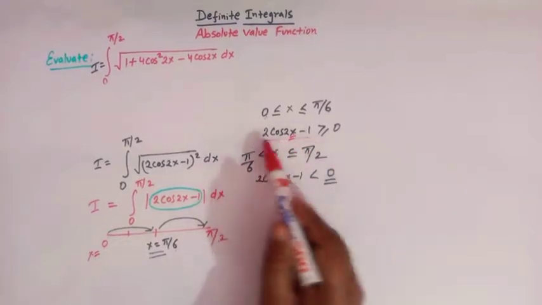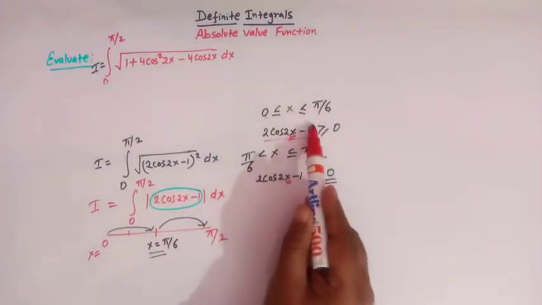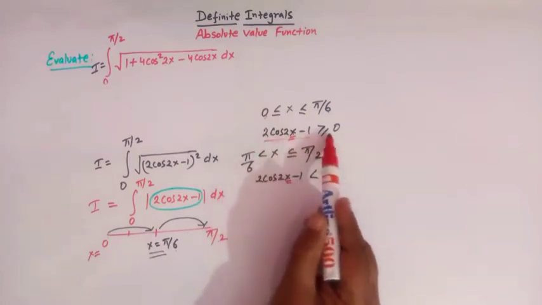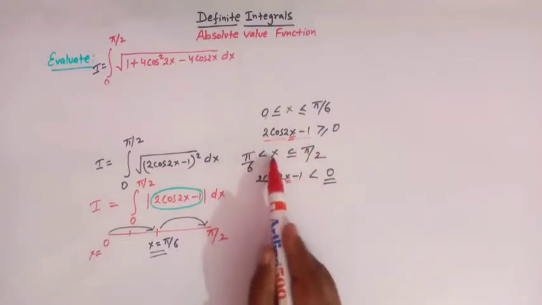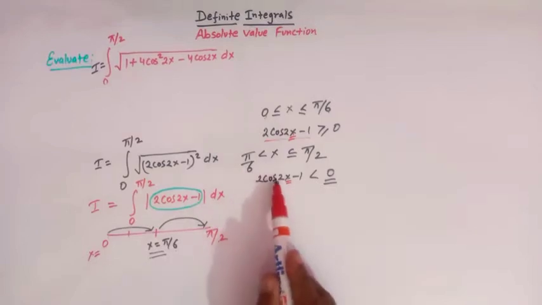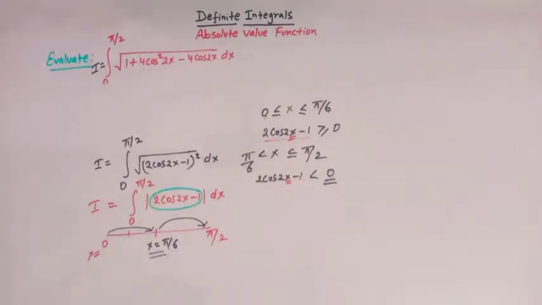Now viewers, here we are claiming that when x lies between 0 and pi by 6, then the expression 2 cos 2x minus 1 is greater than 0, a positive quantity. And when x lies between pi by 6 and pi by 2, then 2 cos 2x minus 1 is less than 0, a negative quantity, right?